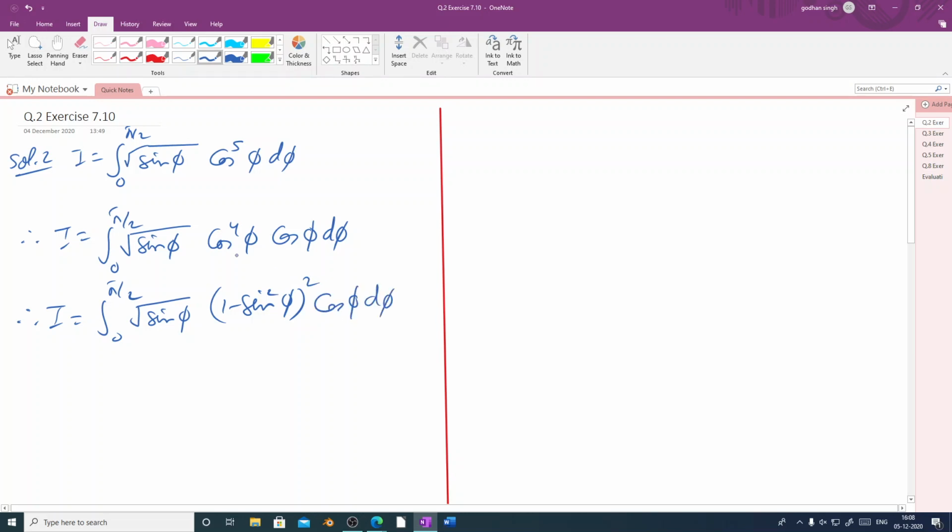Why? Because cos raised to 4 phi can be written as cos square phi whole square, and we know that cos square phi is 1 minus sine square phi, because cos square phi plus sine square phi is 1.